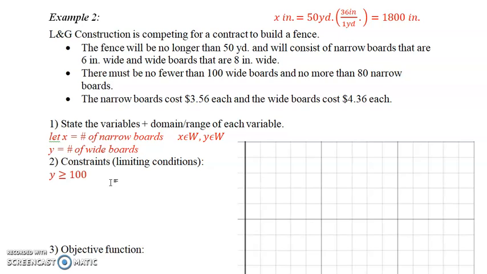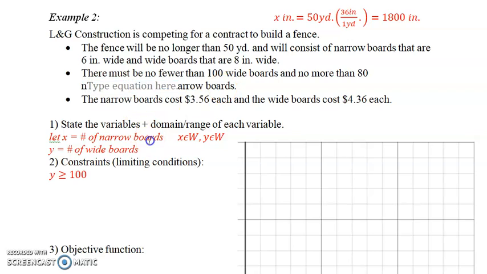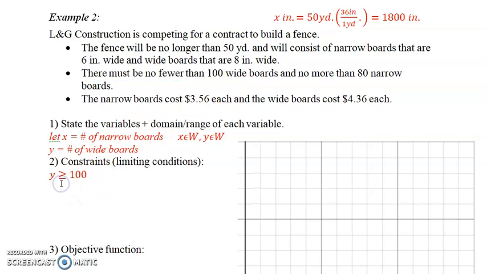The second constraint is for the narrow boards, which is X, and it says no more than 80. We don't want any more than 80 narrow, so X must be less than or equal to 80.